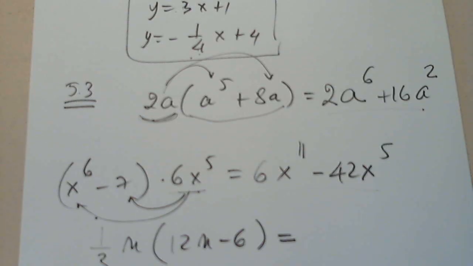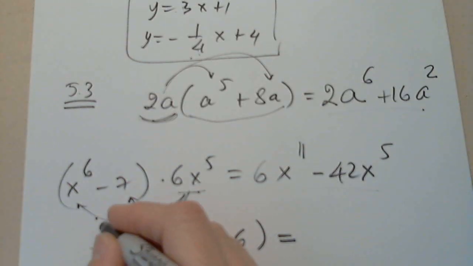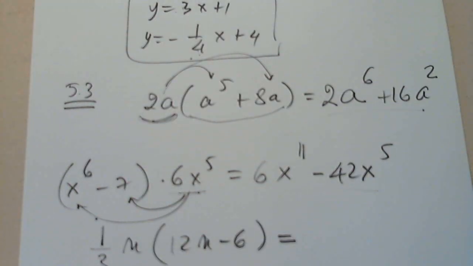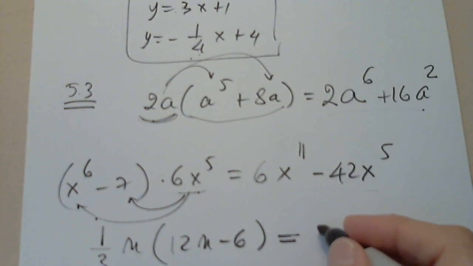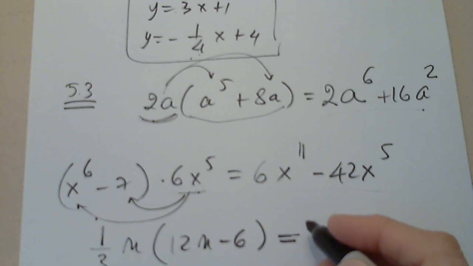Not 100% sure, but I'd like to try. First, multiply the numbers. Alright, then 1 times 12 is 12. No, 1/3 times 12, I'm sorry.